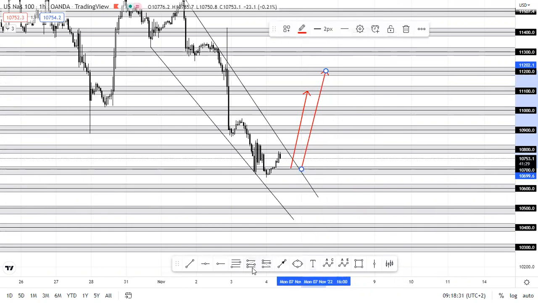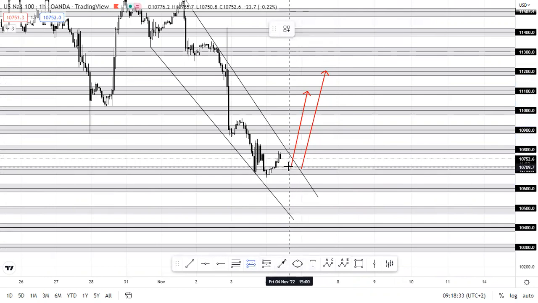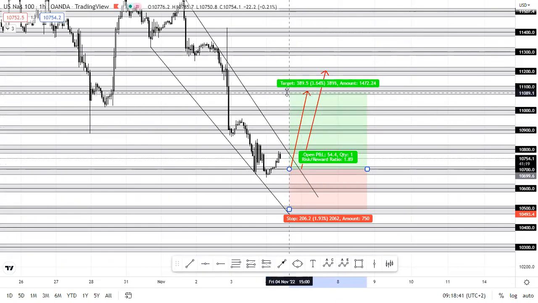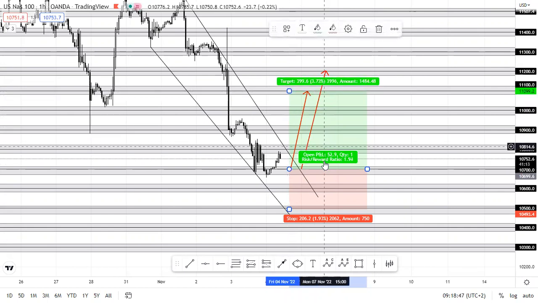Buying from this level here, this is where we'll take our entry at 10,700, and then our take profit would be here at 11,100, just to make it safe. That would be the safe trade: buy at 10,700, take profit at 11,100.